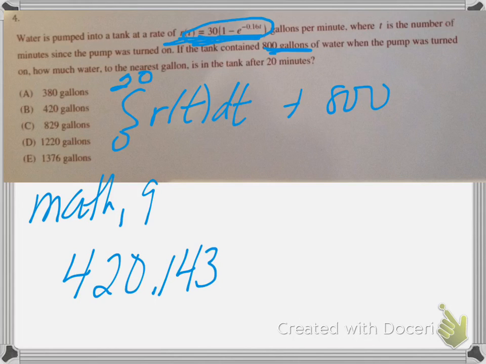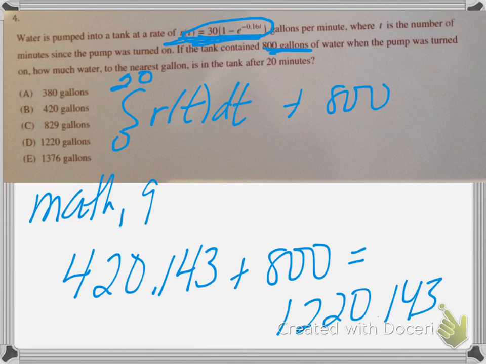But that's how much went in from 0 to 20, but you have to remember at 0 you had 800, so you have to add the 800 to this, and you get this, and that is choice D, because you need to round it to the nearest gallon.